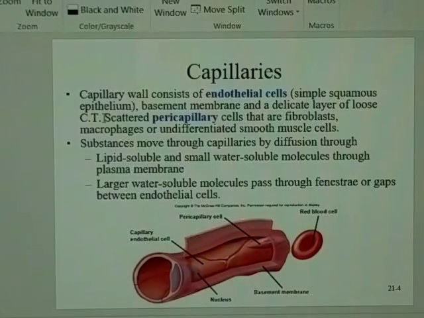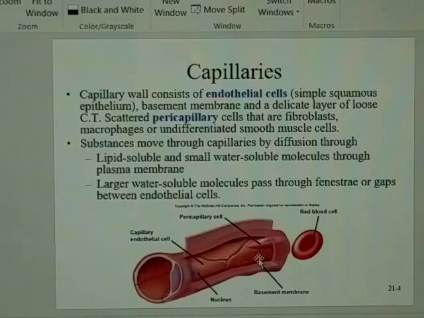The capillaries' structure is very unique because at the point of the capillaries, we need to make sure that the structure allows for the movement of the materials, and we want to make sure that stuff gets to move out, but stuff also stays in the blood.